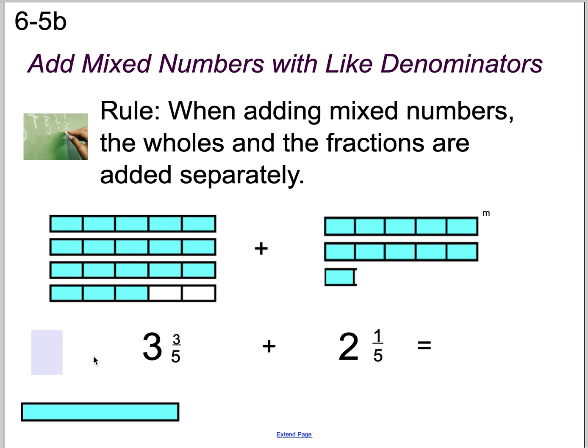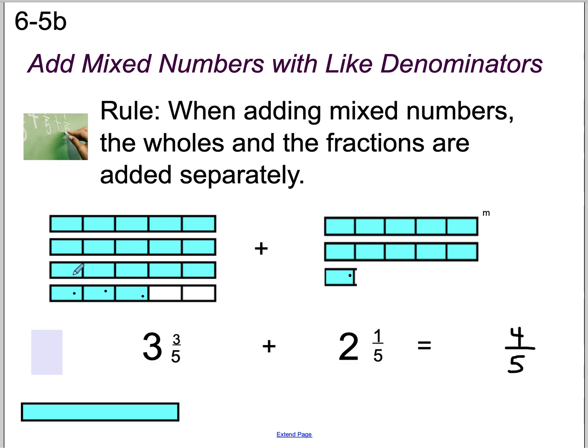So what do we do here? Let's add the fractions first. What is 3/5 plus 1/5? If you said 4/5, that's correct. We have a fifth, second fifth, third fifth, and a fourth fifth. Great.